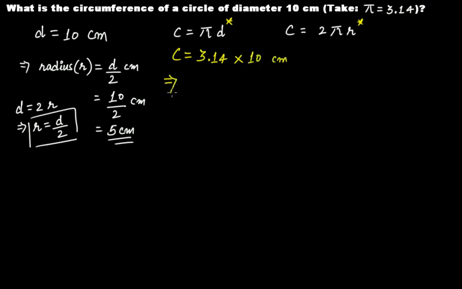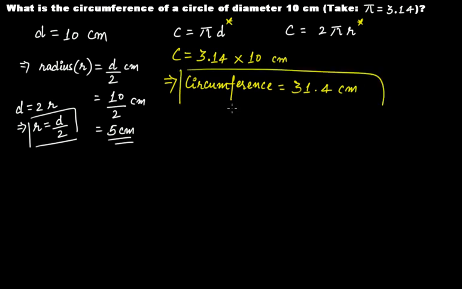So your circumference is actually equal to 31.4 centimeter. This is your circumference, right? So this was a very basic problem. Just wanted to explain to you how you will use this formula of C is equal to pi D or C is equal to 2 pi r. Okay, so in the next video we are going to discuss more problems on circumference of a circle.